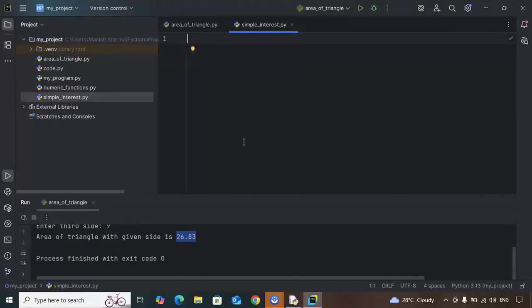How can we calculate simple interest? The formula is PRT by 100. Simple interest is P into R into T divided by 100.